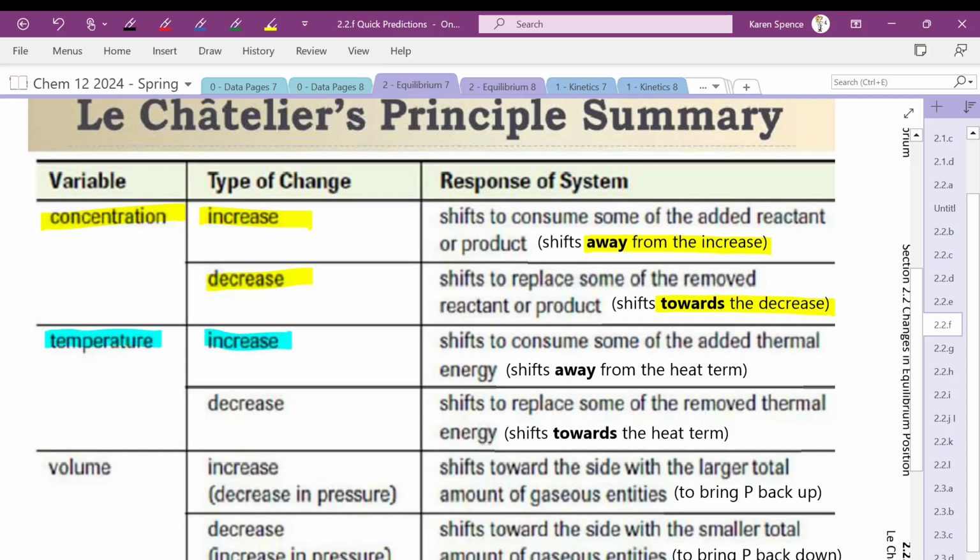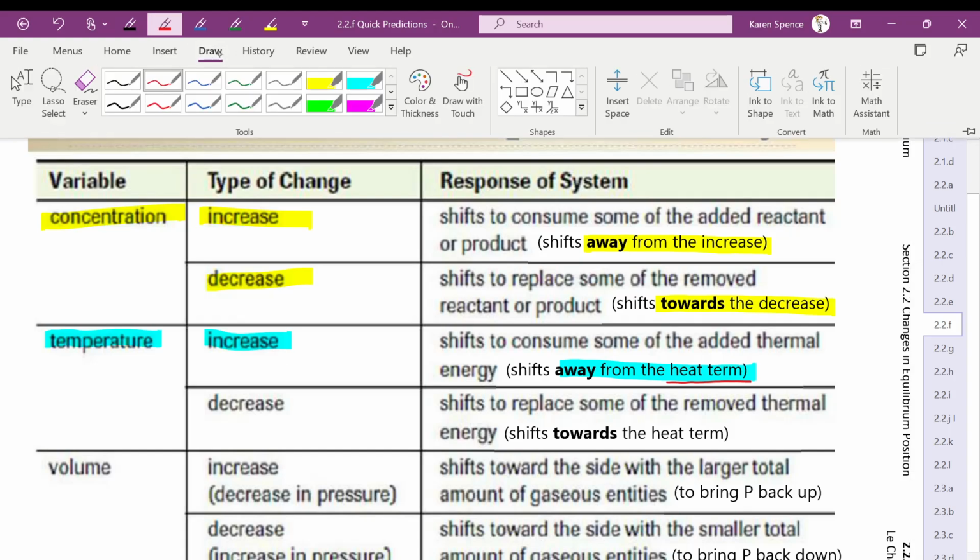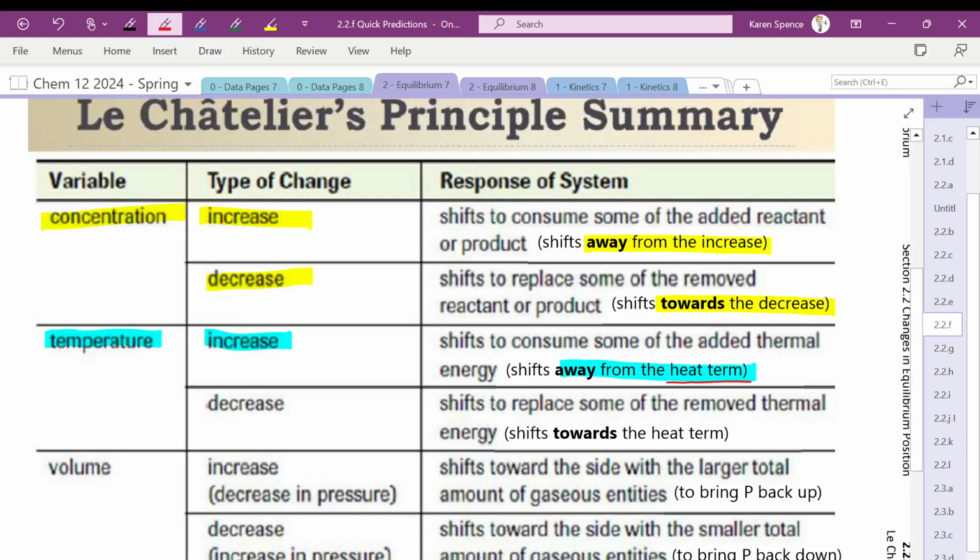Temperature, if we increase the temperature, it shifts away from the heat term. If we have temperature and it decreases, it shifts towards the heat term. You should be able to explain all of these and why they happen, but this is just like a quick reference page if you're like, I just want to know fast.